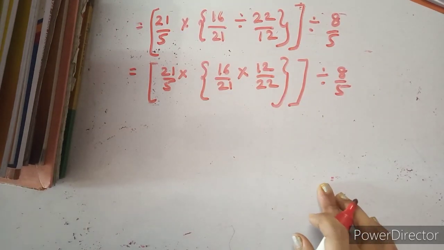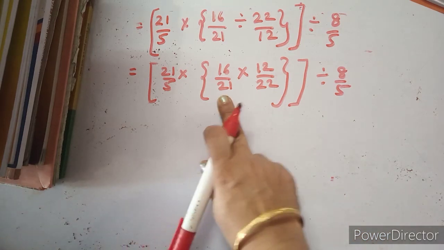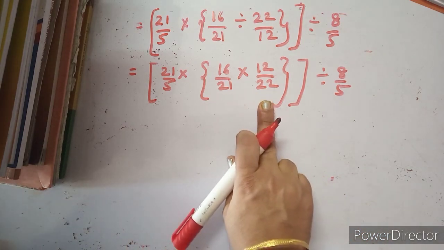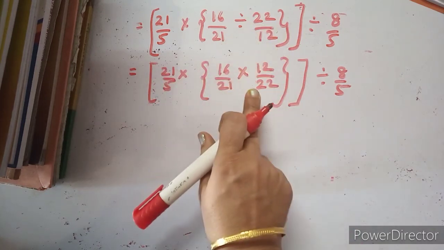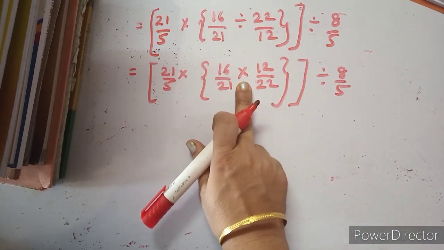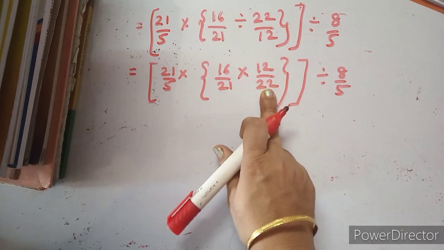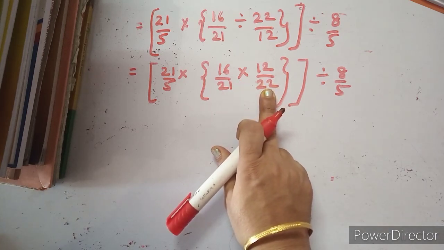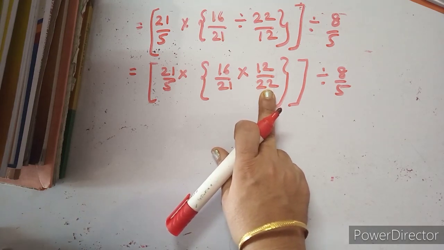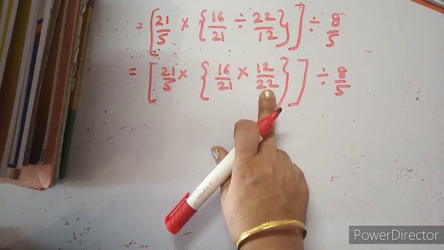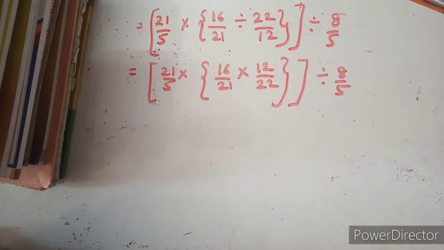Now you can see that in case of your second bracket, that is the curly bracket, you have the sign of division. So just replace it with the sign of multiplication and write the reciprocal of the number. So I have done that. So now what you want to do is you need to cancel off these numbers.